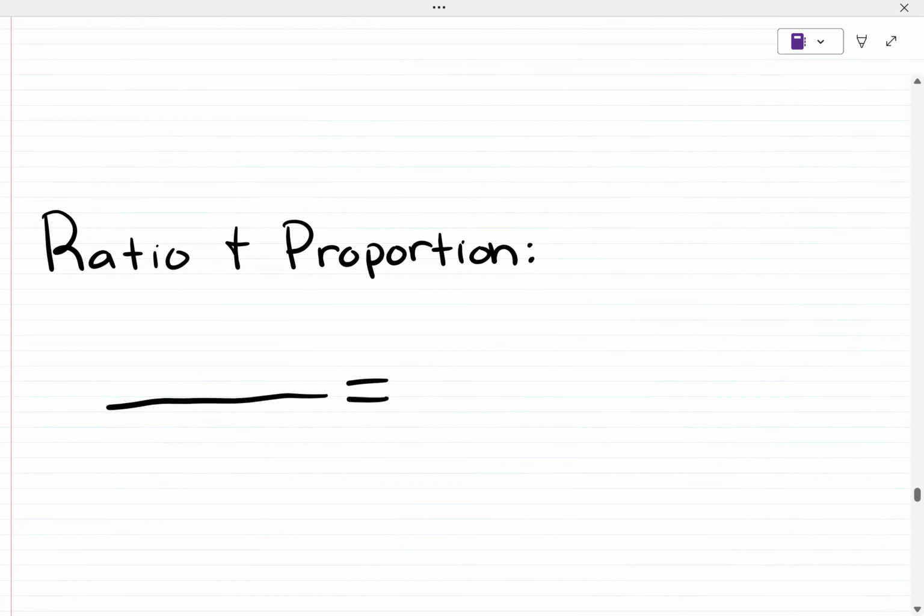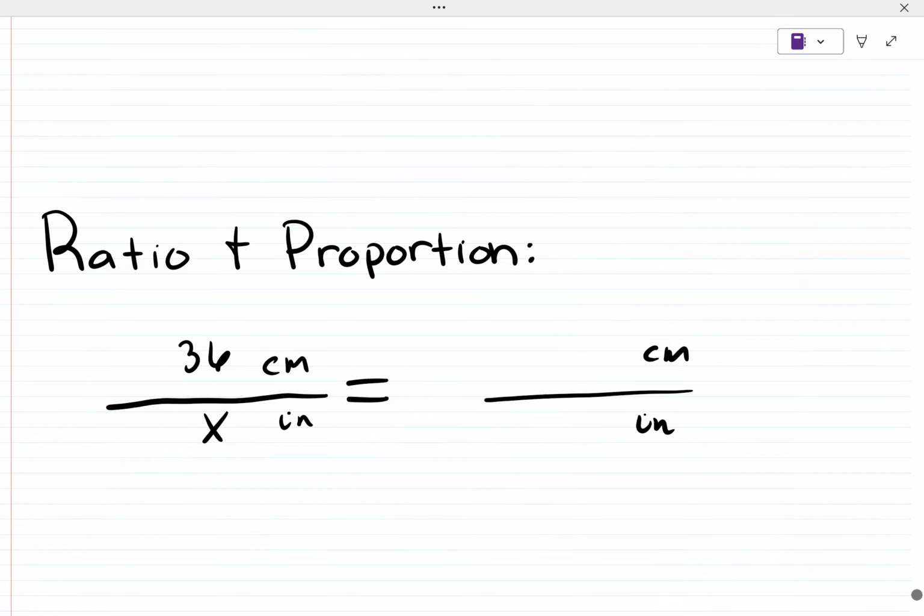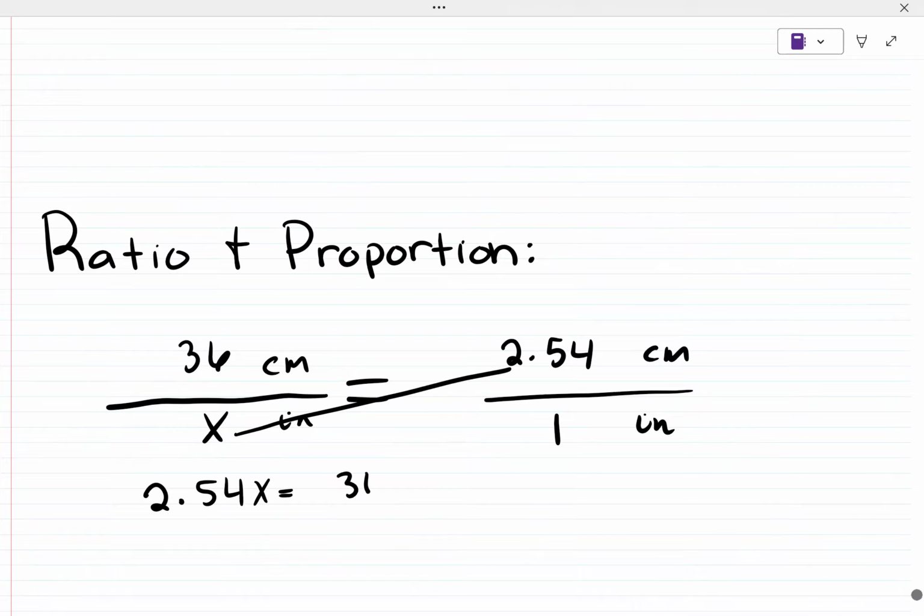Okay, ratio and proportion. You put centimeters on the top, inches on the bottom. So we were given 36 centimeters, inches is our unknown x, and for 1 inch, there's 2.54. Cross multiply, that's 2.54x equals 36 times 1.